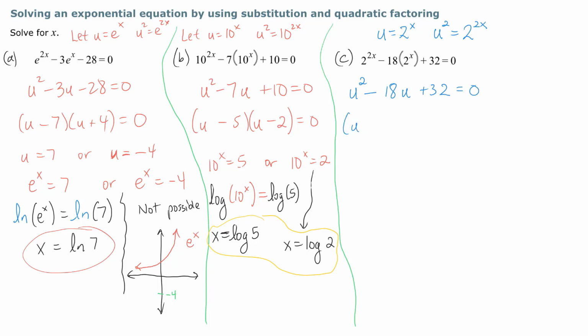And we get u times, well, we need two factors set equal to 0. In this case, we'll try 16 and 2 and subtract. So what do we have now? We have 2 to the x is equal to 16, or 2 to the x is equal to 2.